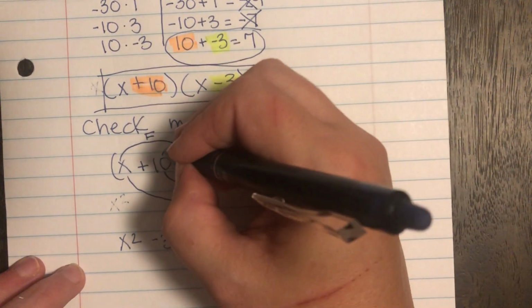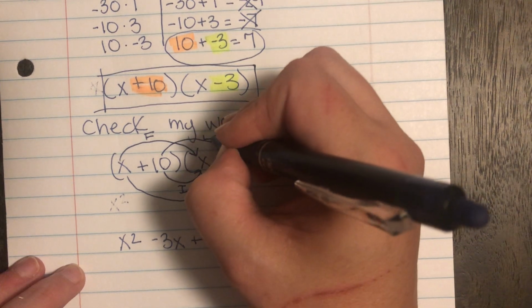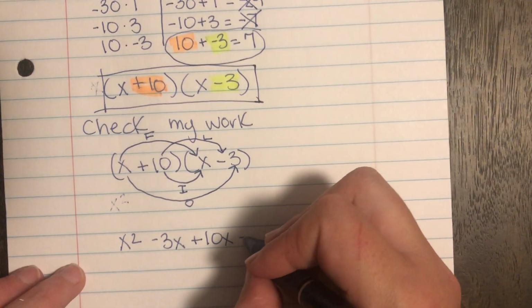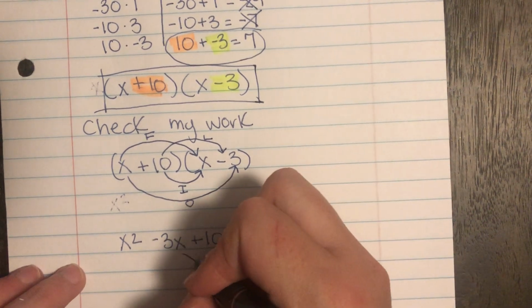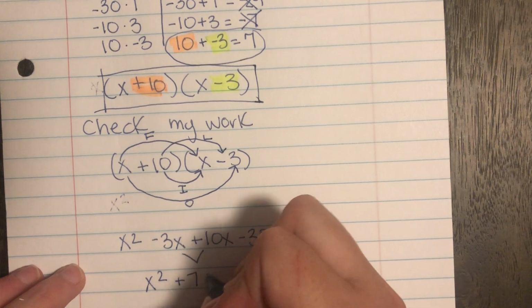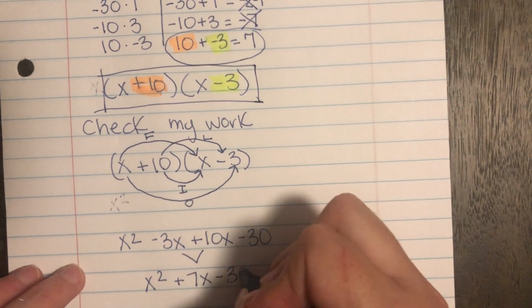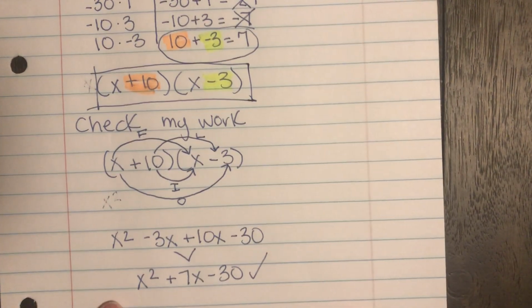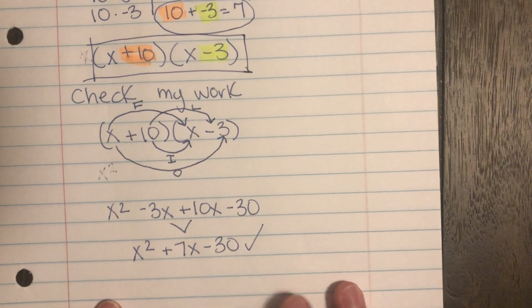And then last times last, 10 times negative 3, which is negative 30. Combine like terms, we're left with x squared plus 7x minus 30. So if we go back to our original problem way up here, we ended up with the same exact answer down here. So it was right. Ding, ding, ding.